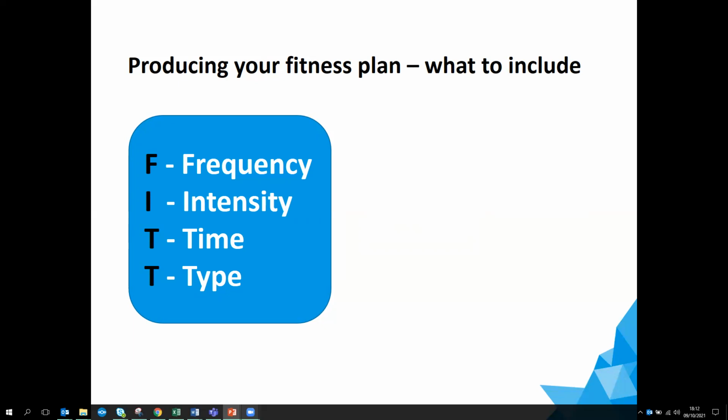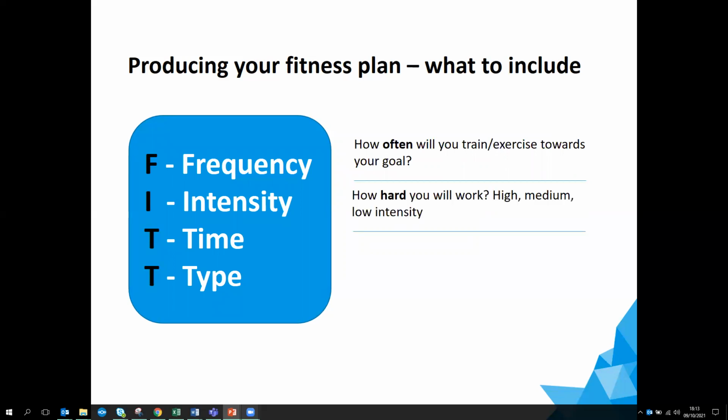I'm now going to talk you through the different FIT principles. So F, how often will you train or exercise toward your goal? So frequency. Now this can depend on the types of workouts you're completing, how hard you want to work, your current fitness levels, and what your target is. Intensity.